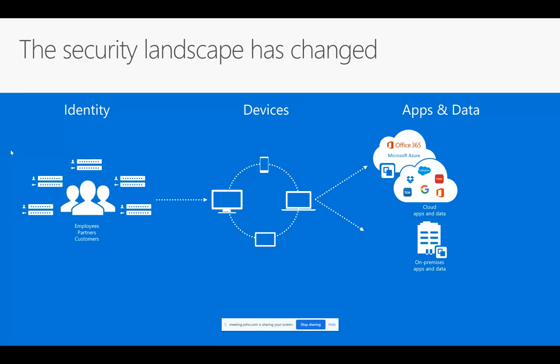It is about the devices on which they will try to access these resources. And lastly, it is about the applications and the data that they will try to access over that device. To simplify even more, it is who, where, and what.